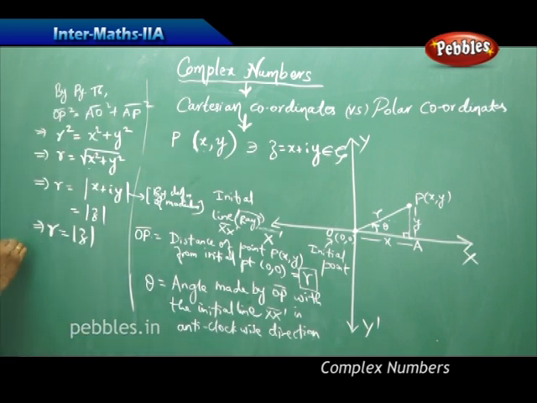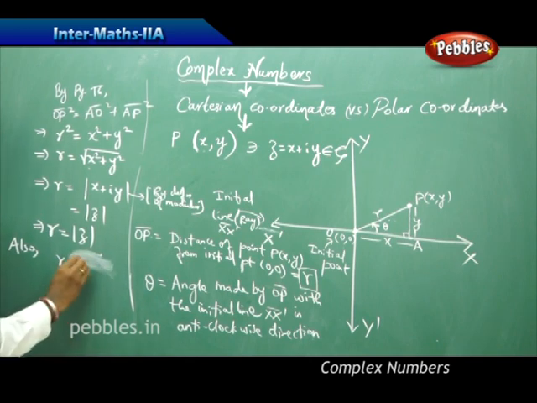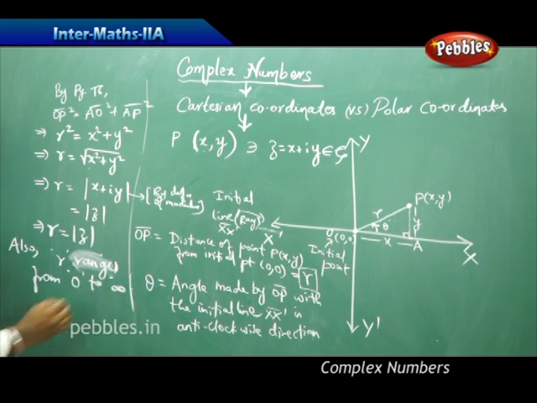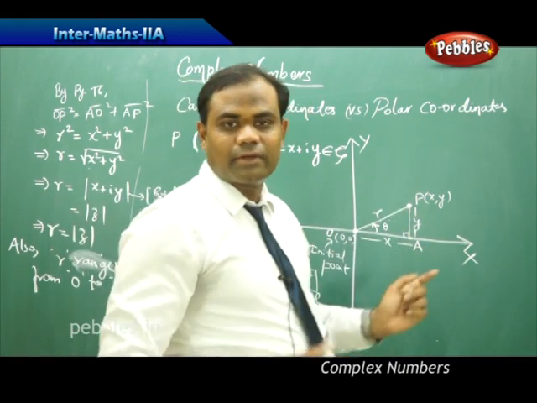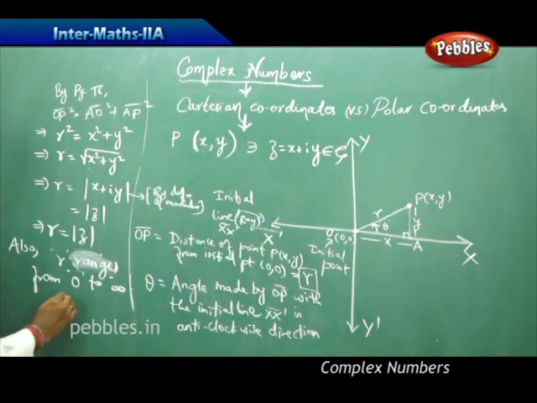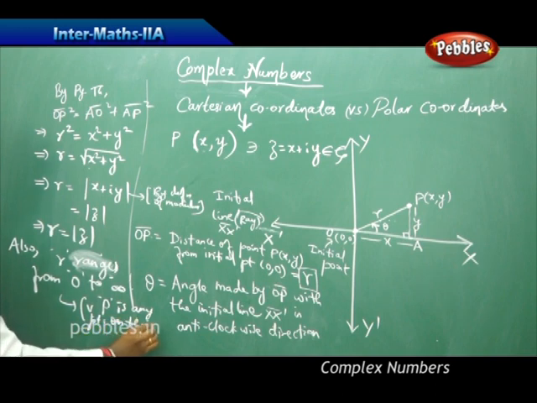Therefore r ranges from 0 to infinity, because P is any point on the plane, and hence there are infinitely many points for which r ranges from 0 to infinity.